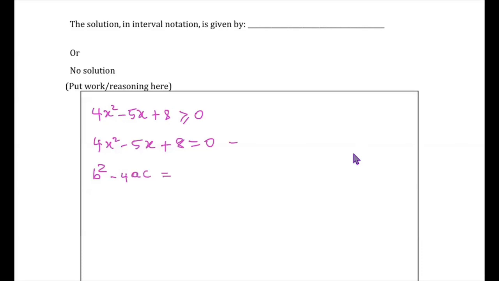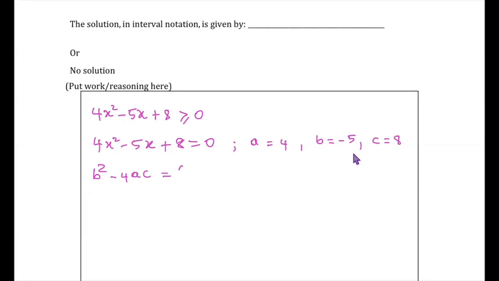Remember, here we have a equals 4, b equals negative 5, and c equals 8.